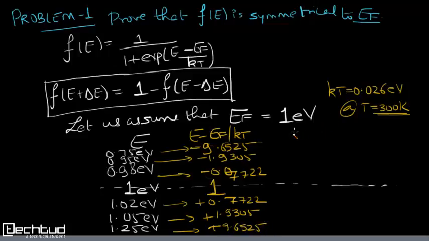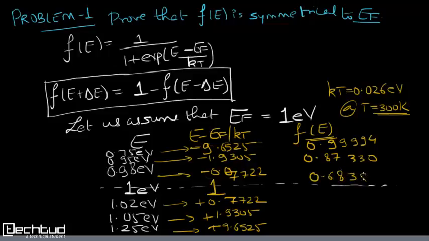Now you substitute these values into f(E), that is 1 by 1 plus exponential of (E minus EF) by kT. When you substitute these values, this comes out to be 0.99994. For this value, it is coming out to be 0.87330. For this value, it will come out to be 0.6899.